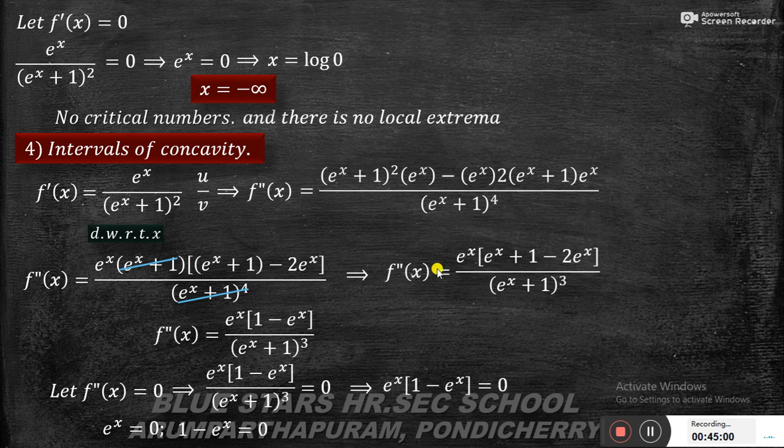So the remaining terms are e^x (e^x + 1 minus 2e^x) over (e^x + 1)^3. So the next step, f''(x) equals, here e^x + 1 minus 2e^x, which we write as 1 minus e^x.